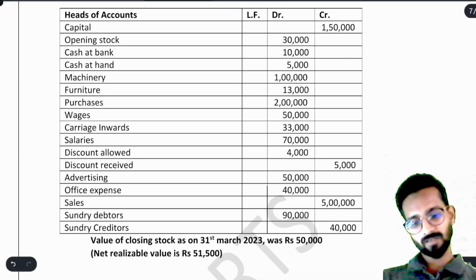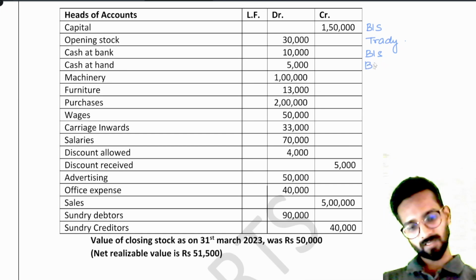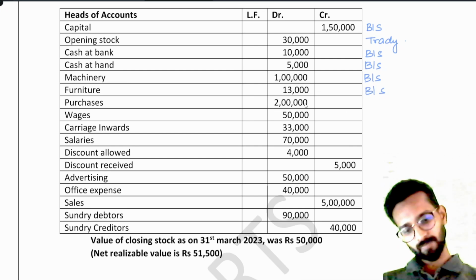First item is capital. Where will capital go? Balance sheet. Opening stock, trading account. Cash at bank, balance sheet. Cash in hand, balance sheet. Machinery, balance sheet, asset. Furniture, balance sheet, asset. Purchases, trading account.